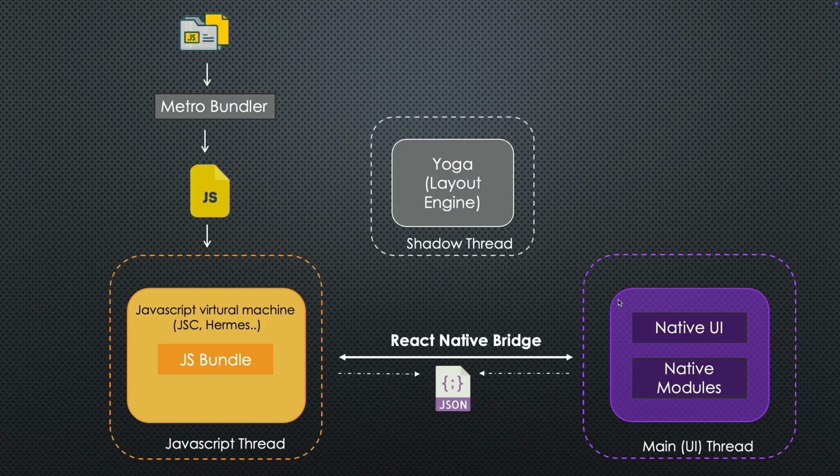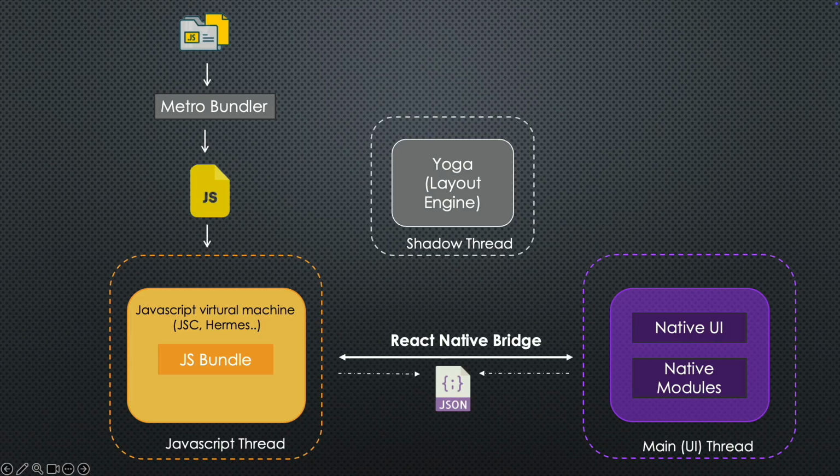Yoga computes the position, the margins, the layouts in the background. So the key idea here is that the main UI thread should stay free of heavy operations so that the app can feel responsive.